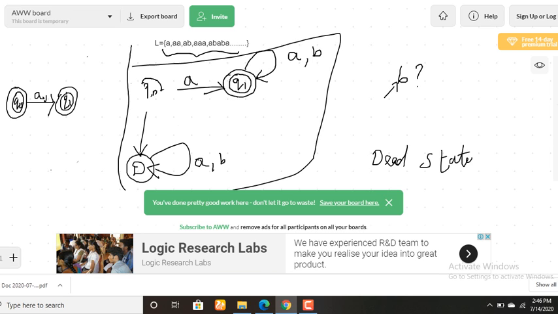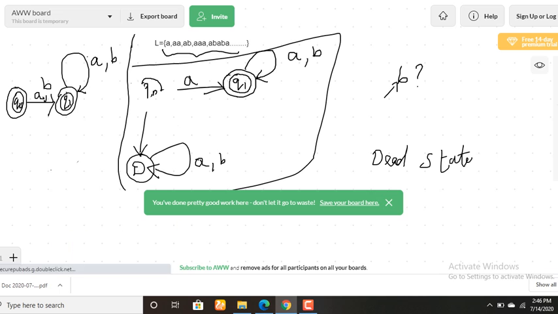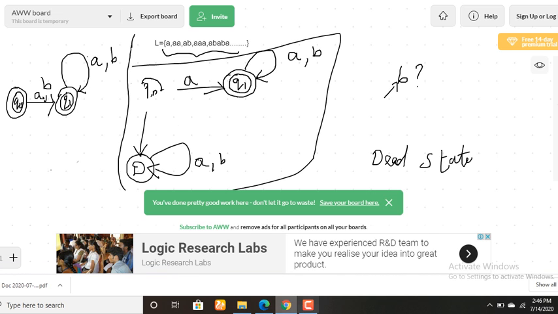For accepting a single B, this state also becomes a final state. Next, what about one more A? From Q1, it will go to the same state. So A comma B. This is also one more solution we can draw for this problem. That is definitely your choice.